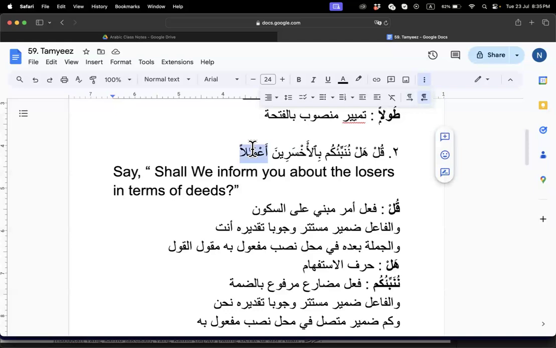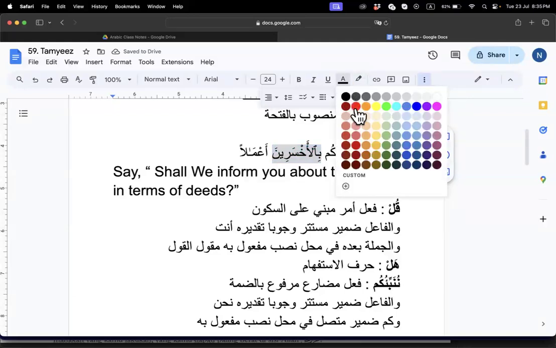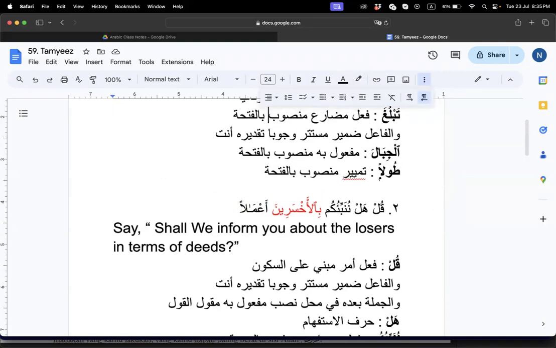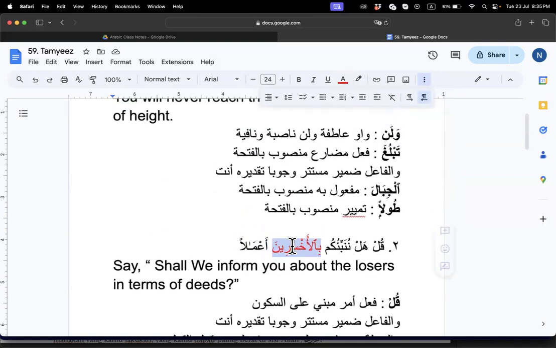So here we have ism tafdil, that is a clue. Right now we are in this topic, so once you see something mansub, something nakira, you must be thinking of this topic. But outside, try to find the clues. This one is a bit harder, because this is a fi'il basically. You don't have ism tafdil, it's not a number, it's not a measurement, so this is a bit harder here.